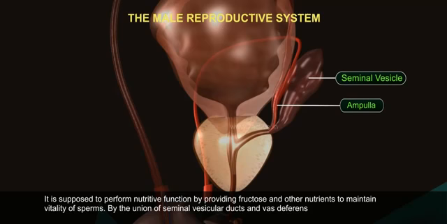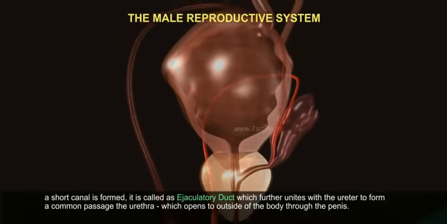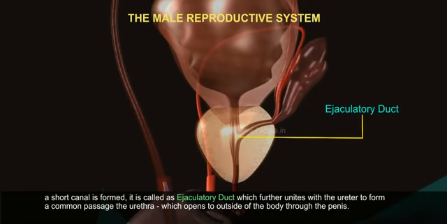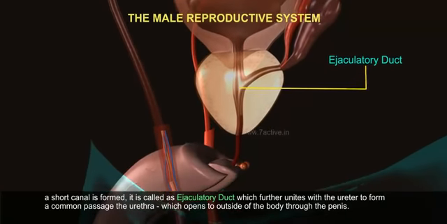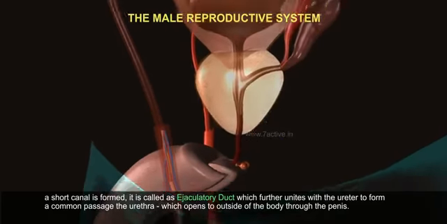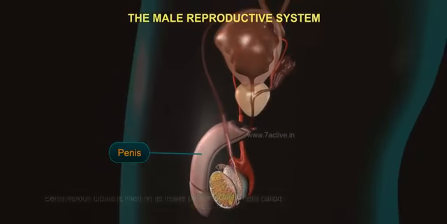By the union of the seminal vesicular duct and vas deferens, a short canal is formed. It is called the ejaculatory duct, which further unites with the ureter to form a common passage, the urethra, which opens to the outside of the body through the penis.